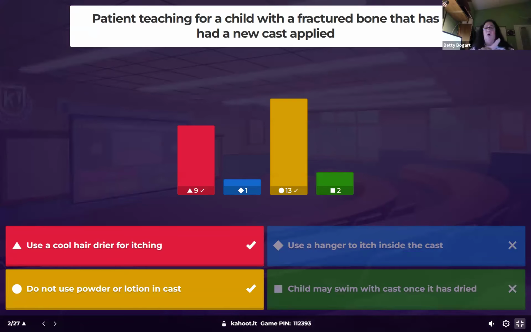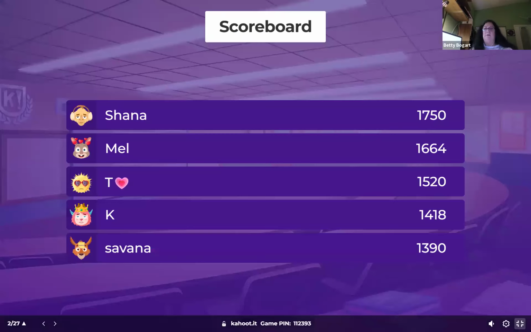No lotions, no powders, nothing to stick in there. And we have to keep the cast dry. No swimming, it's going to put moisture inside, and that's actually very dangerous. It's going to grow mold and whatnot. So no swimming. And when you shower, put a bag on.